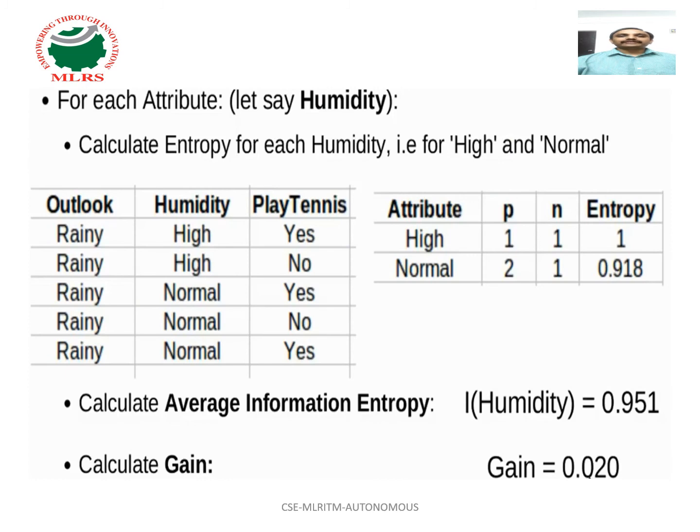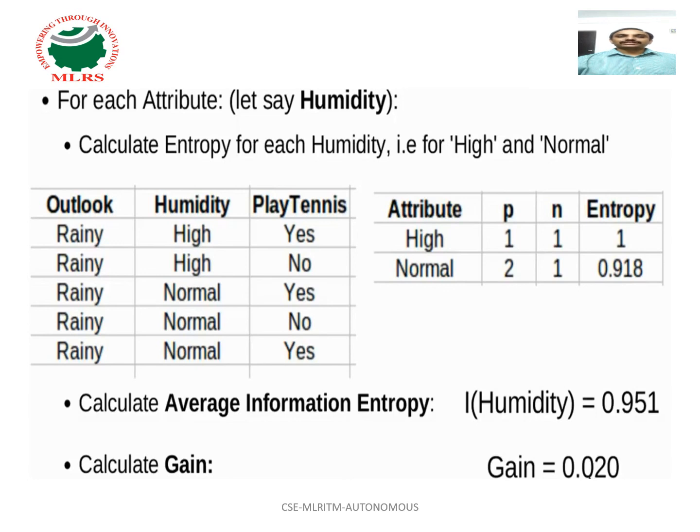After calculating the entropy of S rainy, we have to calculate the information gain of the remaining attributes with respect to outlook is rainy. The first one is the humidity attribute. Its values are high and normal. With respect to rainy, we look at the different values of humidity and the output play tennis values.